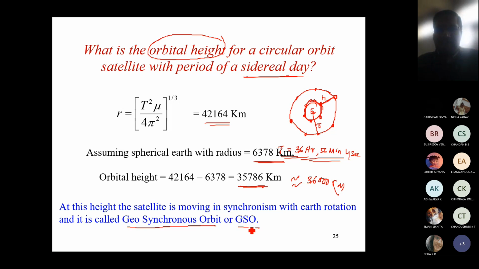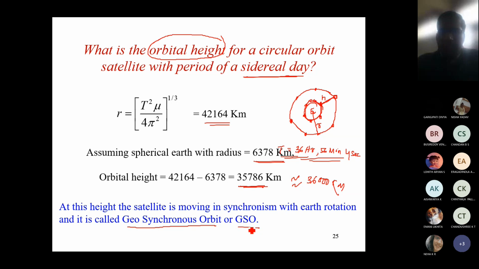So again I am telling, I am making some conclusion. Geosynchronous orbit is an orbit in which the satellite is moving at a velocity that is the same as the velocity at which the Earth is rotating around itself.